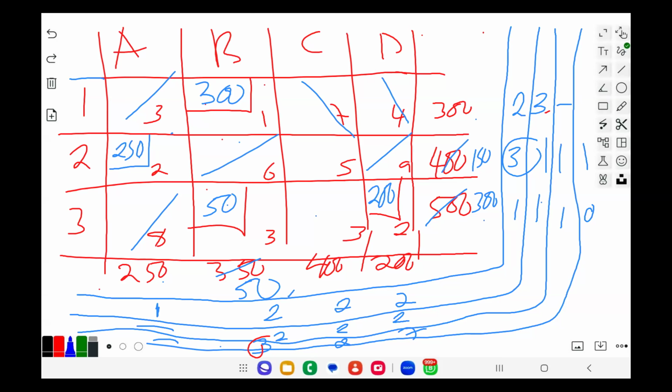So since it's just one row, one column, you just have to deal with the minimum between these two again. It will balance. What's the minimum between these two? The minimum is 300.